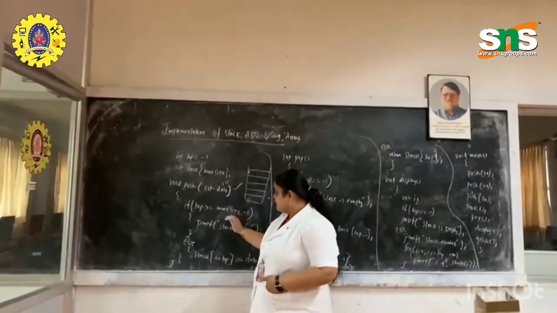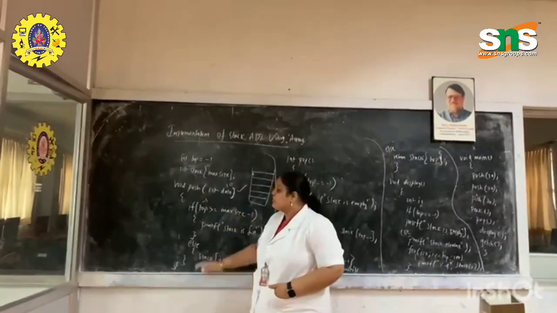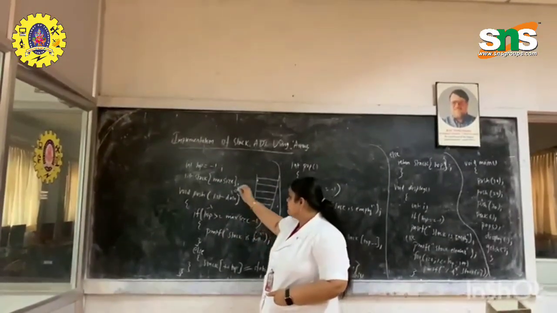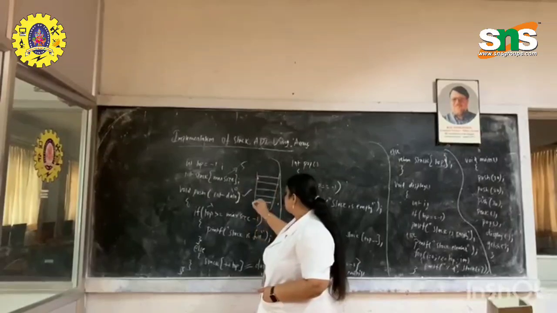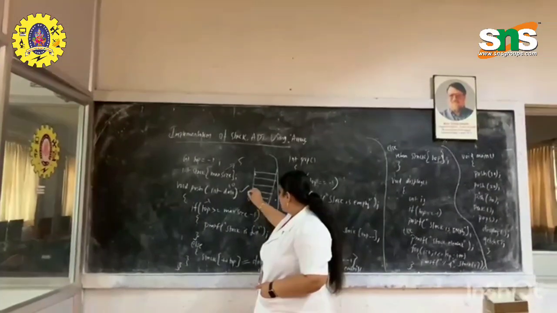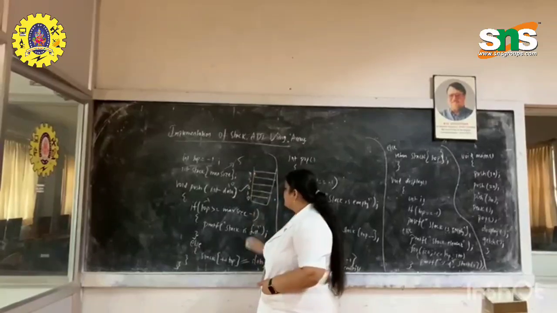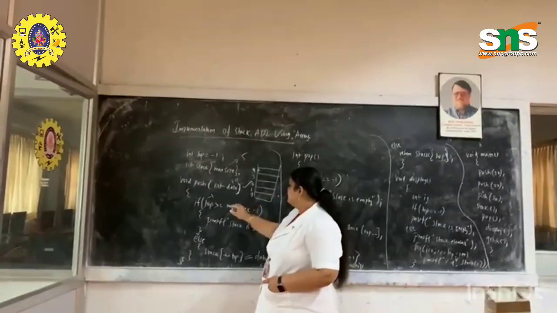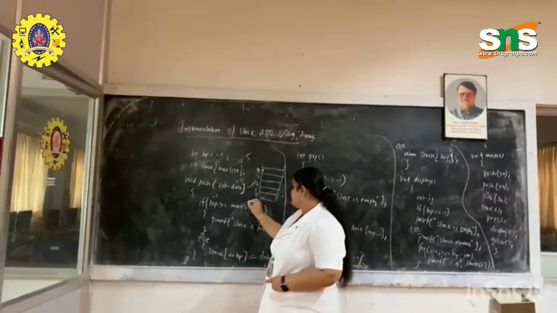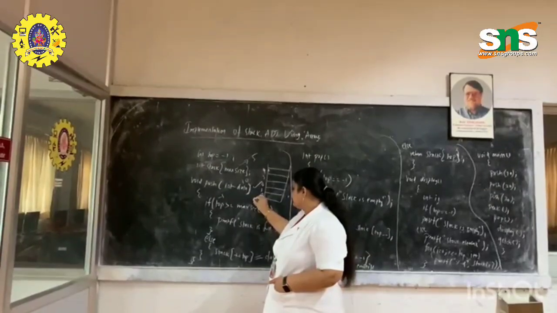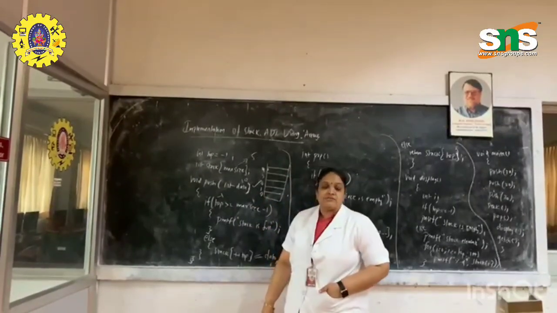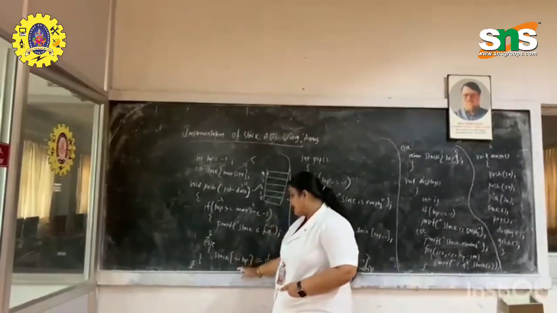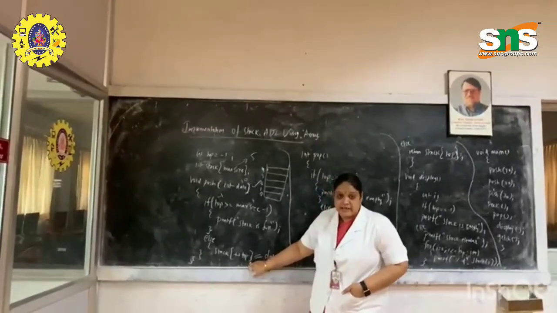Next we are checking the top value. The top value here I have initialized as -1, and let's say the maximum size is 5. Let me mark the index of the stack here: 0 to 4, so five elements can be placed inside the stack. The next thing is to check whether top is greater than or equal to max size minus 1; if the max size is 5, that is 5 minus 1, which is 4. Is -1 greater than or equal to 4? The condition is false, so it will go directly to the else part.